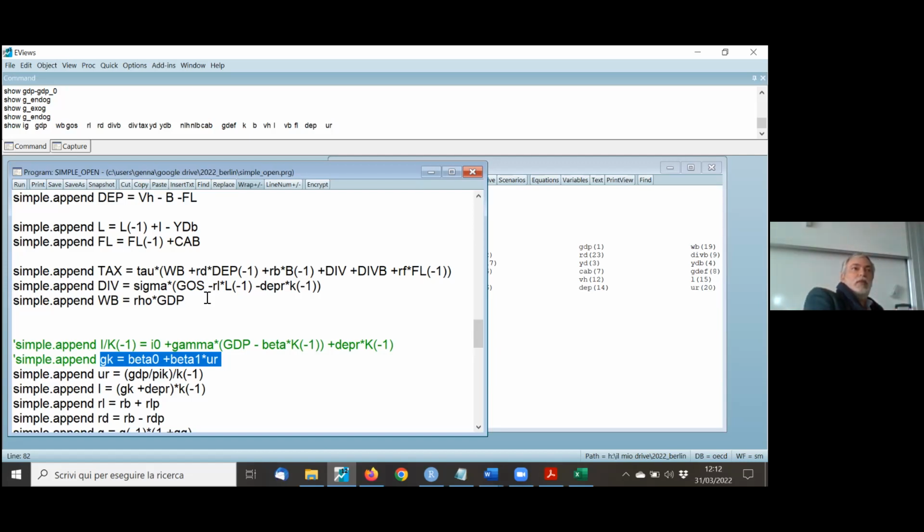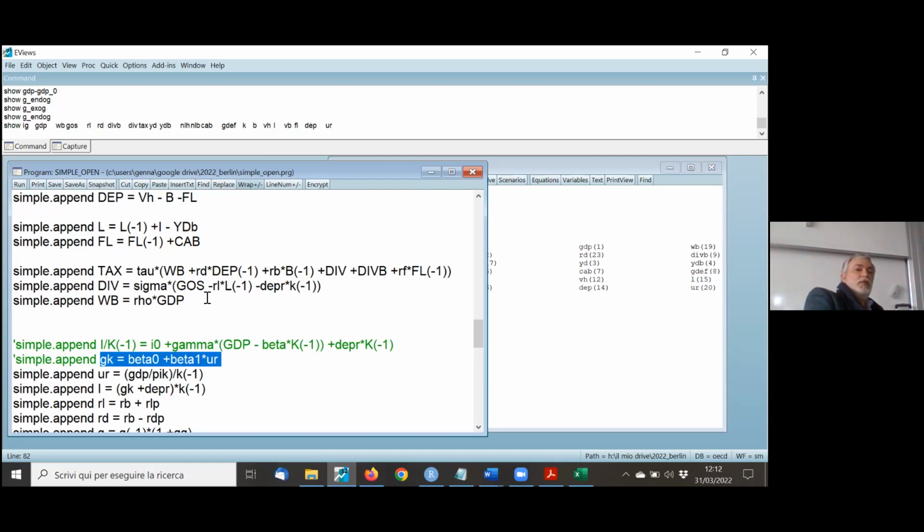And here it's a bit similar, I would say. In this function, you cannot interpret the constant as the triangular growth, because your utilization rate is free to vary, so it's not fixed to any normal rate. It's free to vary in each equilibrium, so it can be any number.